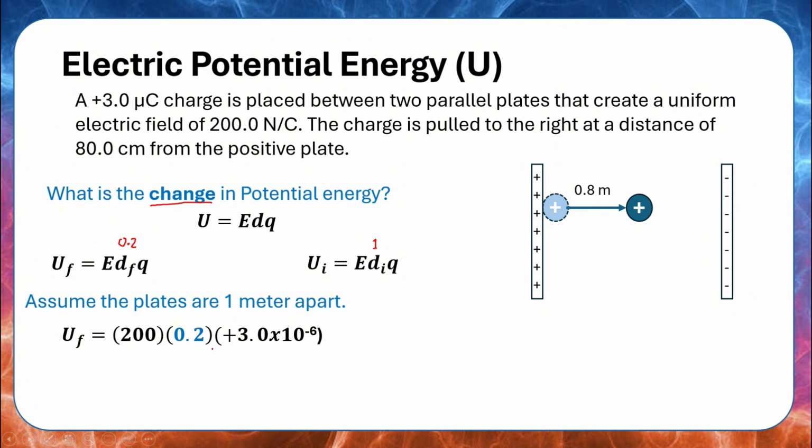First, the final. We're going to use the distance 0.2, and the E, which is the electric field, is the same. It's this one. And the charge is a positive 3.0 times 10 to the negative 6. Remember, micro means negative 6. And for the initial, of course, we're going to use the distance 1 meter, because the initial position is 1 meter away from the zero reference point.